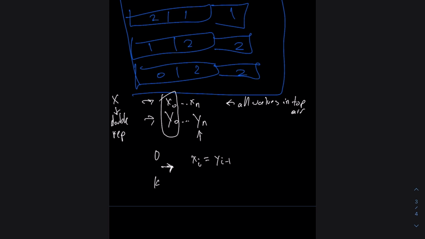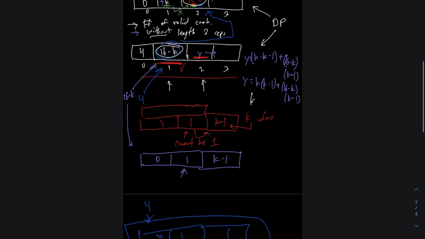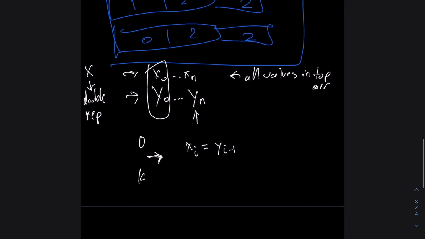This is just that transfer that we saw right here, where we took 16 minus k and put it right there. Because we know this will not build from itself, because if we add another one, it cannot still be a double repetition, right?